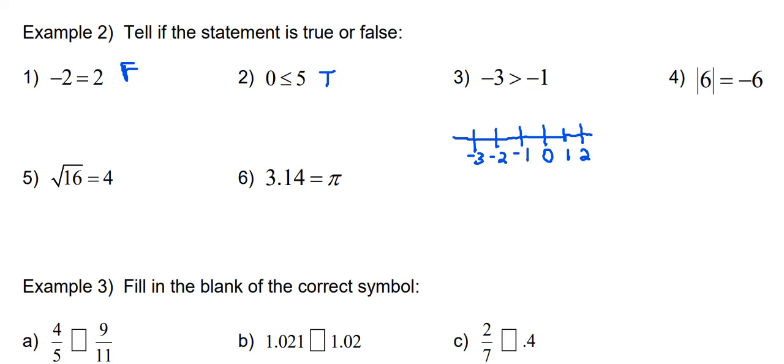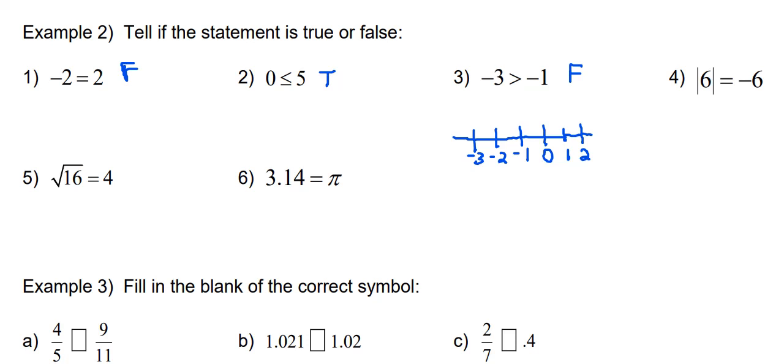Well, it's the same thing all the way across the number line. So even though these numbers look bigger, since they're to the left, they're smaller. Anything to the left is smaller, anything to the right is bigger. So since -3 is to the left of -1, that means -3 is less than -1. So this would be a false statement because it says -3 is greater than -1.